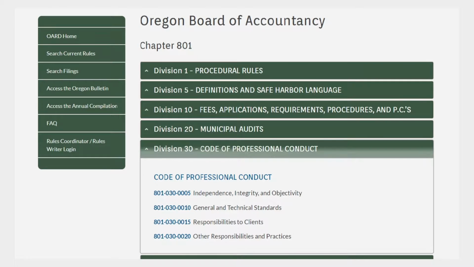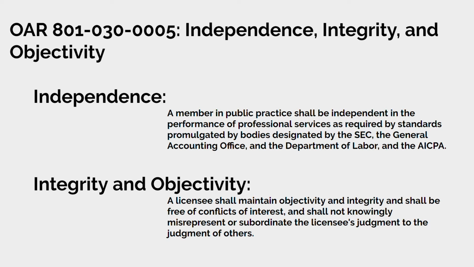So let's start out with OAR 801-30-0005. The Oregon Board of Accountancy defines independence as a member in public practice who adheres to the performance of professional services as required by standards promulgated by bodies designated by the SEC, the General Accounting Office, and the Department of Labor, as well as the AICPA.